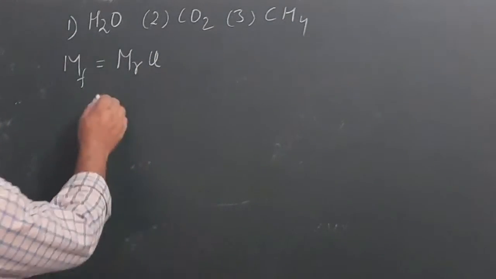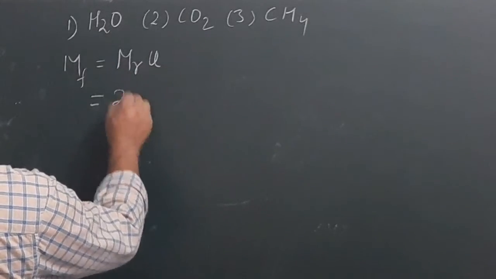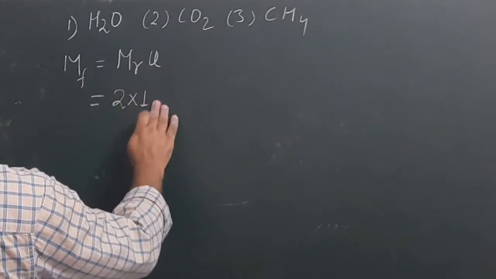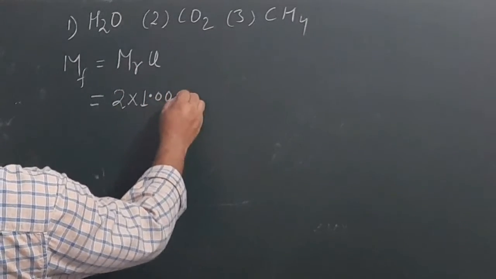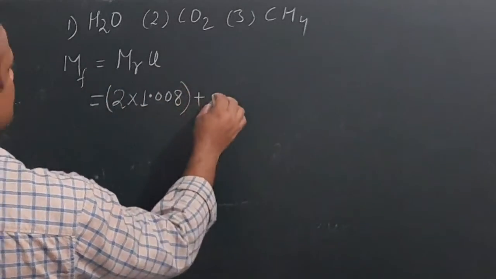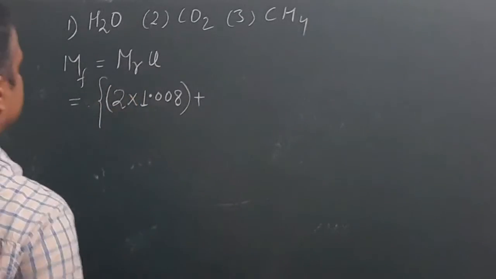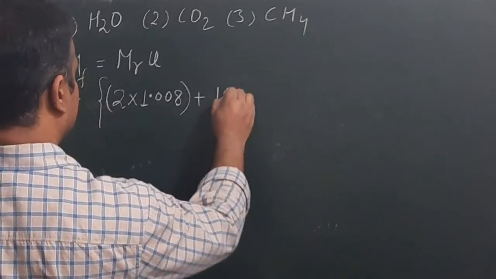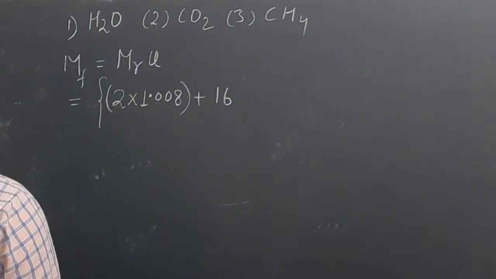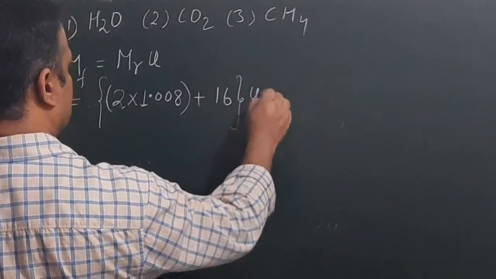So relative molecular mass will be equal to 2 into 1 for hydrogen, plus if we take accurately then it will be 1.008, and plus oxygen has 16. Relative atomic mass of oxygen is 16, so 16, and then we'll multiply by U.